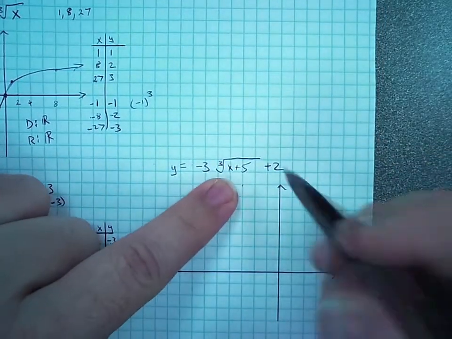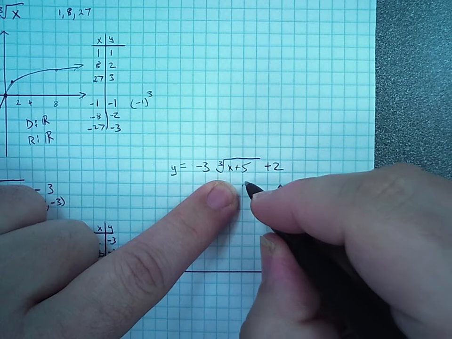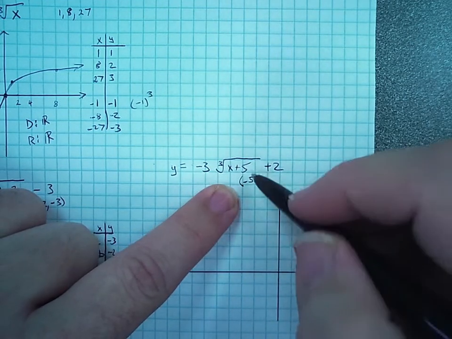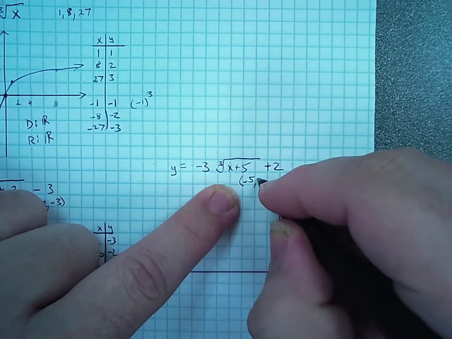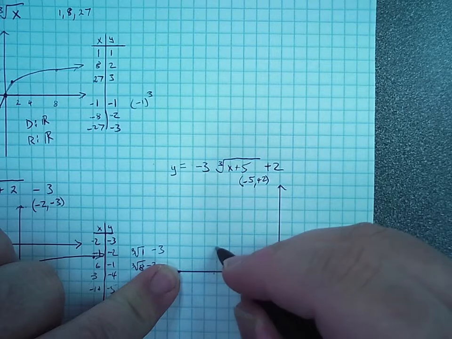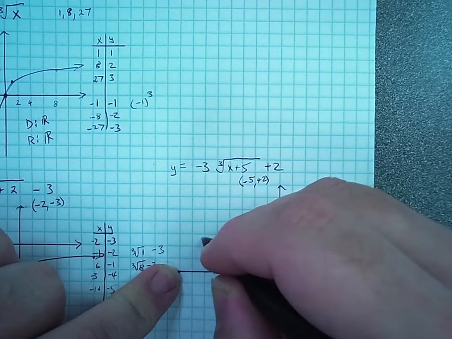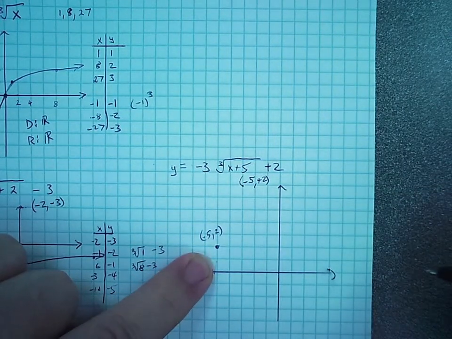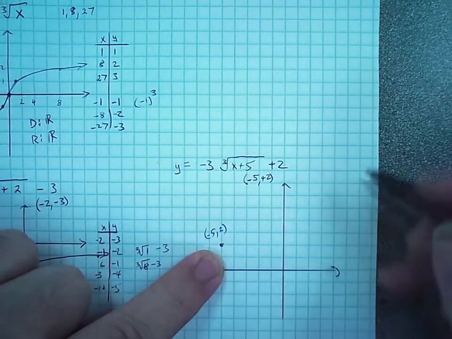So looking here at the transformation, it's going to be 5 spaces to the left. Remember, inside's backwards, so I have to use -5 for that. And don't change the outside, so that's +2. -5, +2. That's my vertex, my central point here.